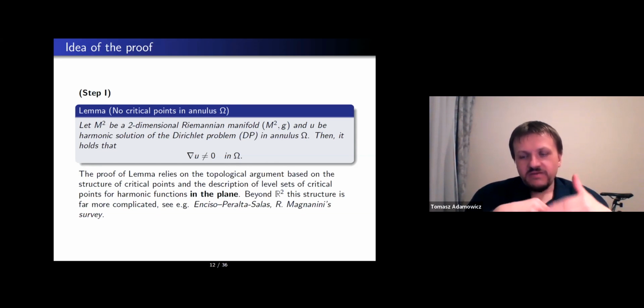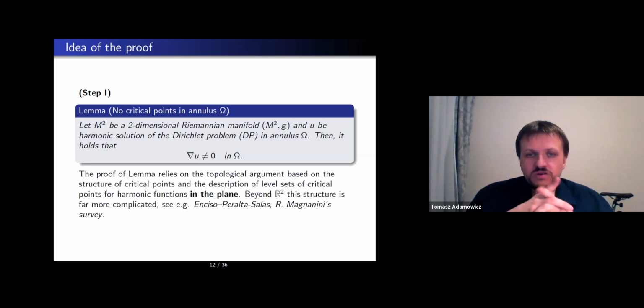This is a very particular structure known for harmonic functions in the plane, which is the same structure as for holomorphic functions. And so the approach that we took to prove this lemma is very difficult to extend to higher dimensions. In general, the structure of critical points and the structure of level sets beyond the plane is quite complicated.